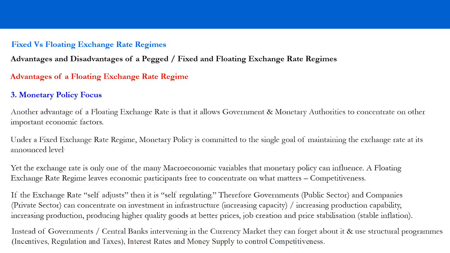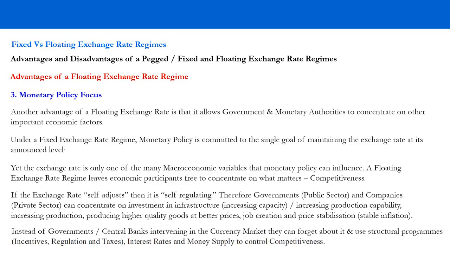So governments, the public sector, and companies in the private sector can concentrate on investment in infrastructure, so increasing capacity, increasing production capability, increasing production itself, producing higher quality goods at better prices, and job creation and price stabilization, so having a stable inflation environment.